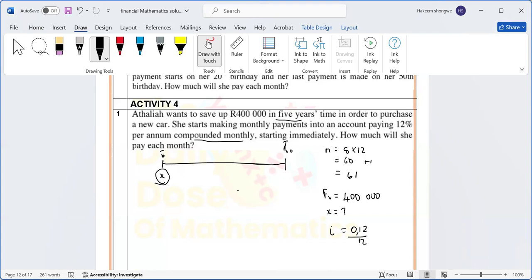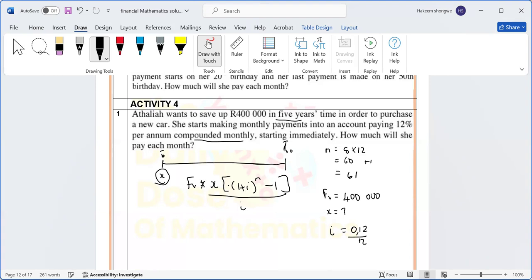And then after doing that, let's check. We can use the future value formula. It says F future is going to be X, open bracket, 1 plus I to the power of N minus 1, close bracket, all over I. So if we're looking for X, the best thing that we can do is to rearrange this and make X the subject.